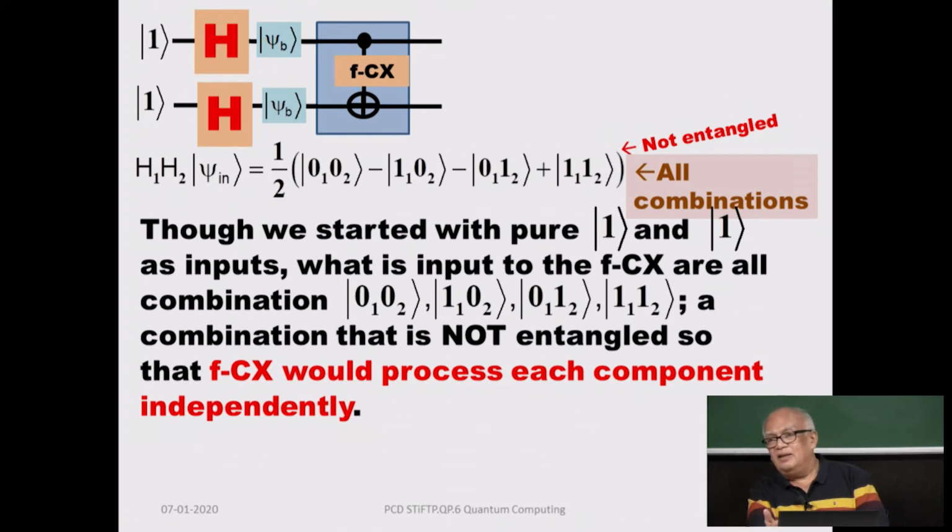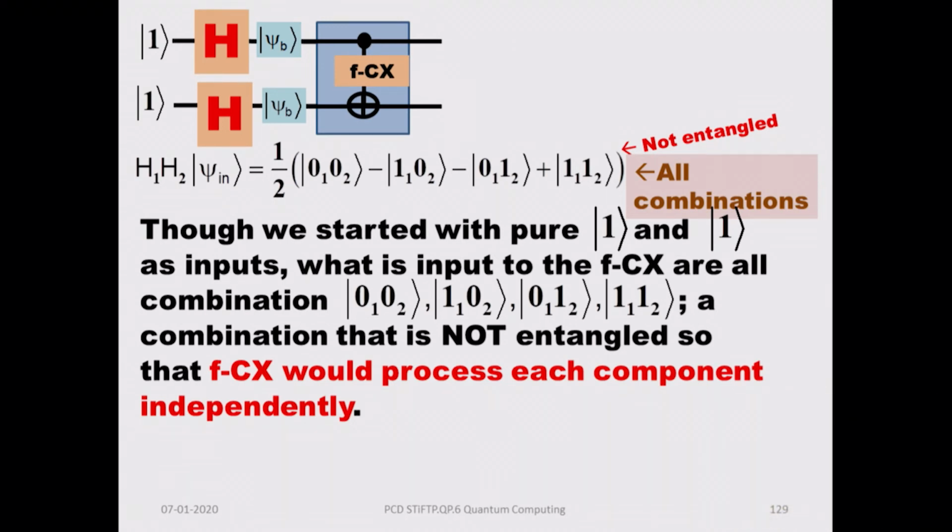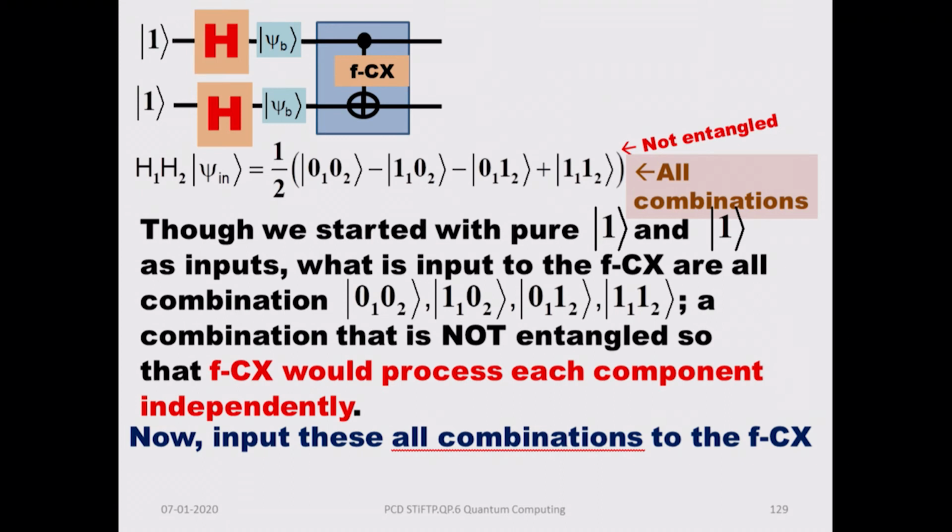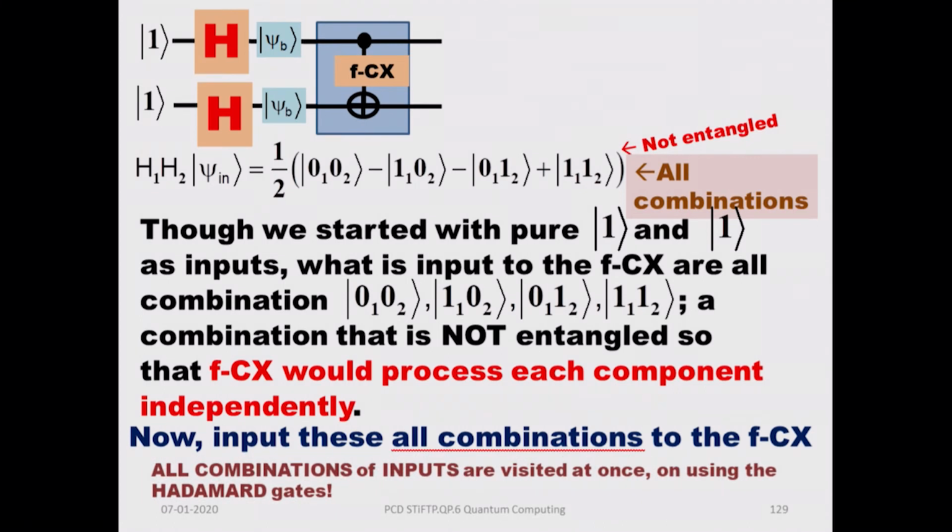That is the reason the classical gate needed two operations, but now this quantum gate is going to deal with all four possibilities at once, and you will see that this is what will lead you to the desired result of finding whether the function is constant or balanced, in just one step. So, the advantage comes from the fact that all the four combinations are addressed by the function control NOT gate, because we have used the Hadamards like this.